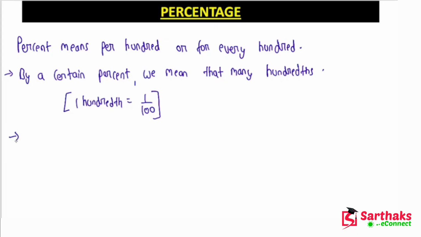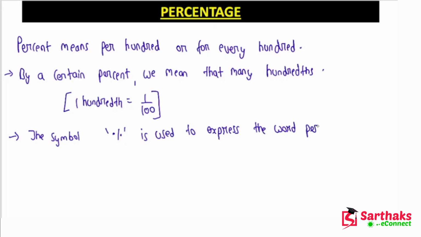Okay, and what is the symbol we use for percentage? This symbol, you must have seen this symbol, 2 dots and a slash over here is used. The symbol % is used to express the word percent.